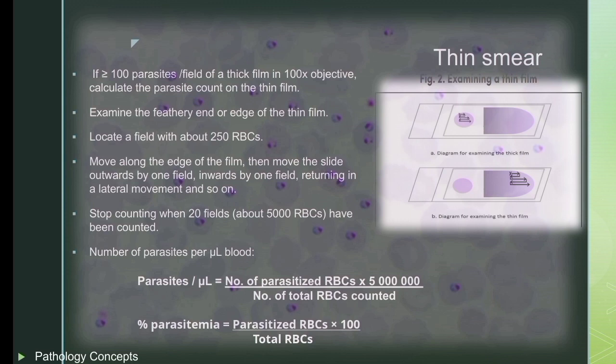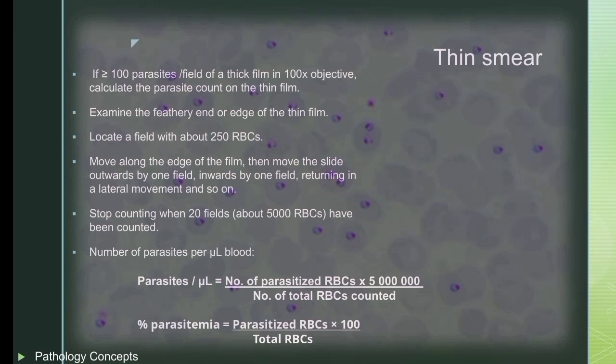When the counting is complete, calculate parasite density from the patient's actual RBC count. The formula here is parasites per microliter is equal to the number of parasitized RBCs times 50 lakhs, divided by the total RBCs counted.